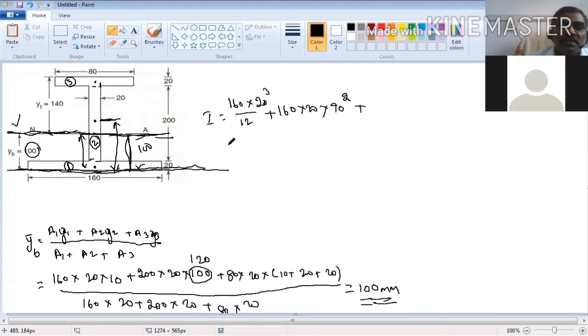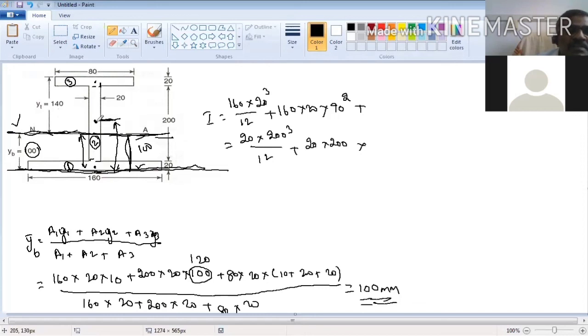Plus, you take now body 2. You write the moment of inertia of the body about its own axis. What is b? B is equal to 20. 20 into what is this, 200. 20 into 200 cubed divided by 12, plus area into y value. What is area? 20 into 200. What is the y value?